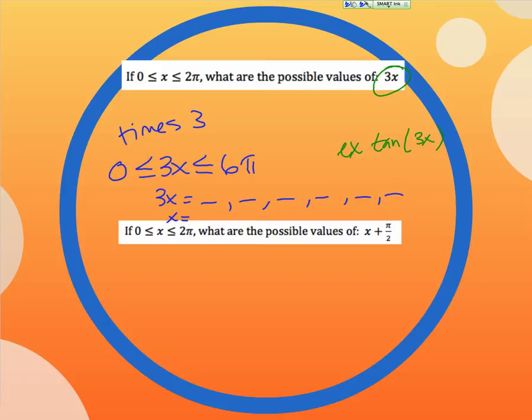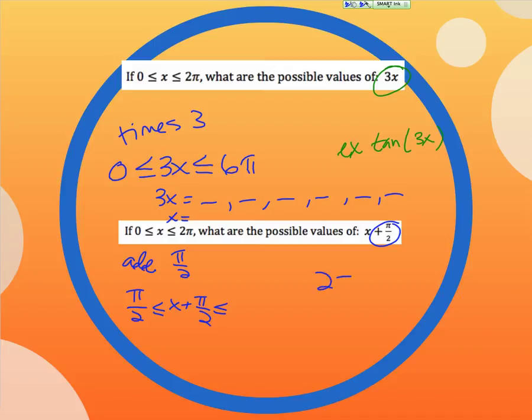Now, if you try these on your assignment and need some help, just make sure you ask them tomorrow. Same kind of thing here. So here we're adding pi over 2, so I have to add pi over 2 to all of these. So 0 plus pi over 2 is pi over 2. And that would be x plus pi over 2. And then I have 2 pi plus pi over 2.